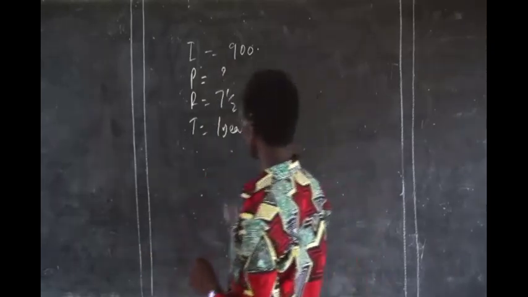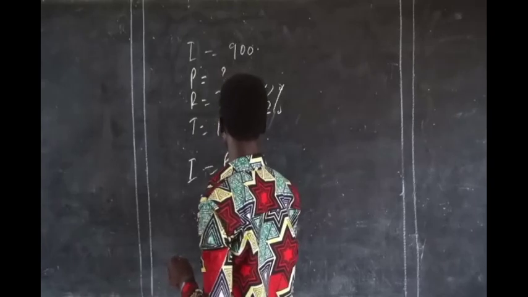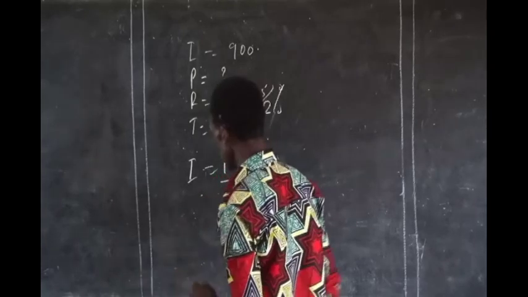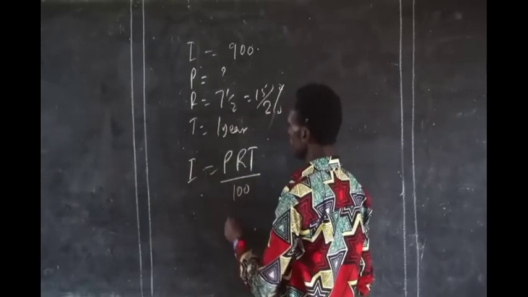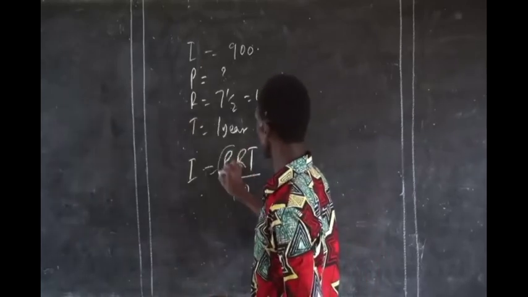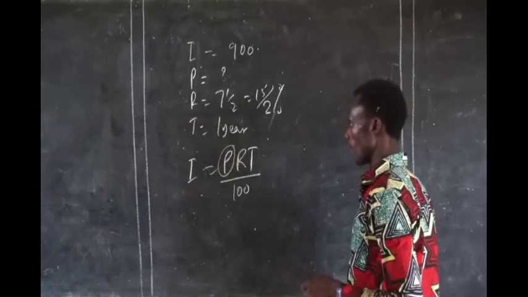So we know interest is given as PRT over 100. So remember, interest is there, and then P is not there. So we have to make P the subject of the formula.